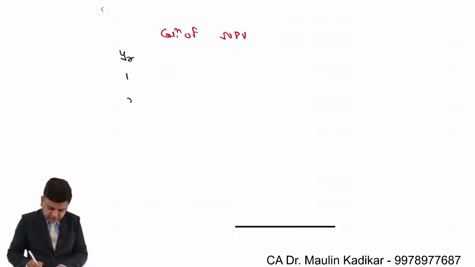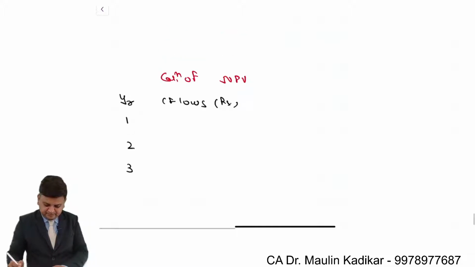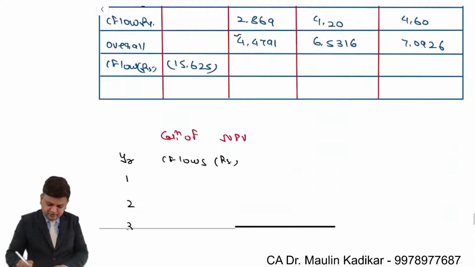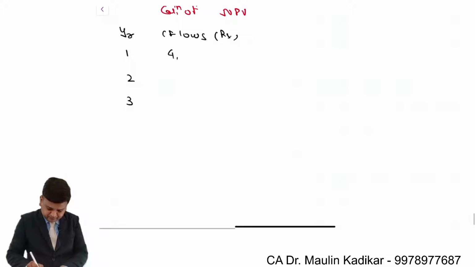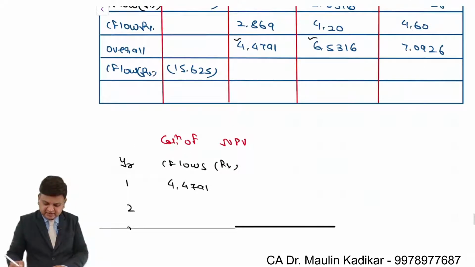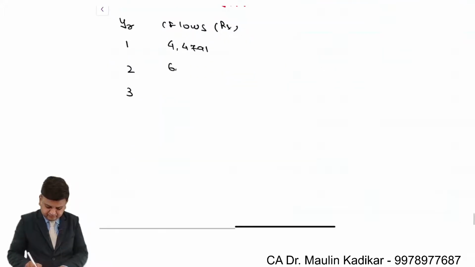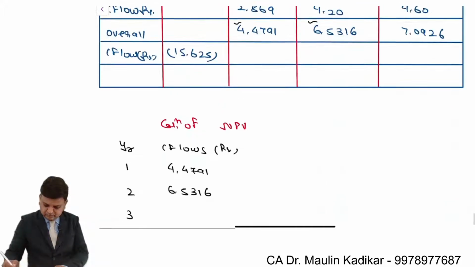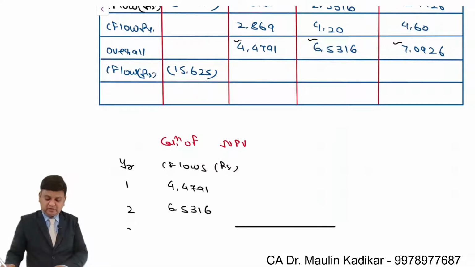Year 1, year 2, year 3. Cash flows in the rupees term, 4.4791, 6.5316, 7.0926.